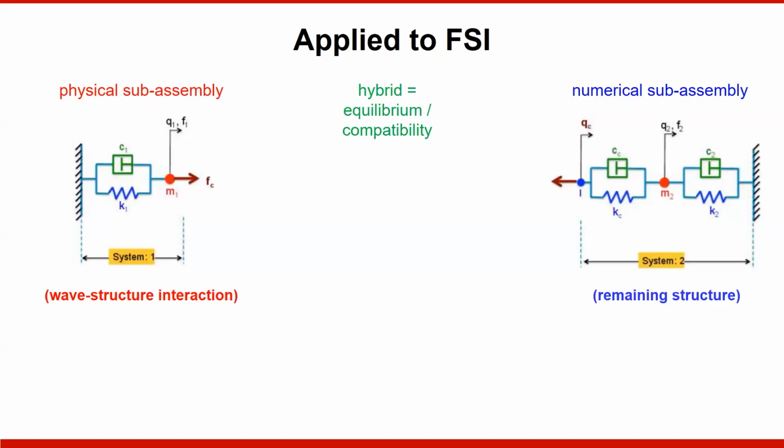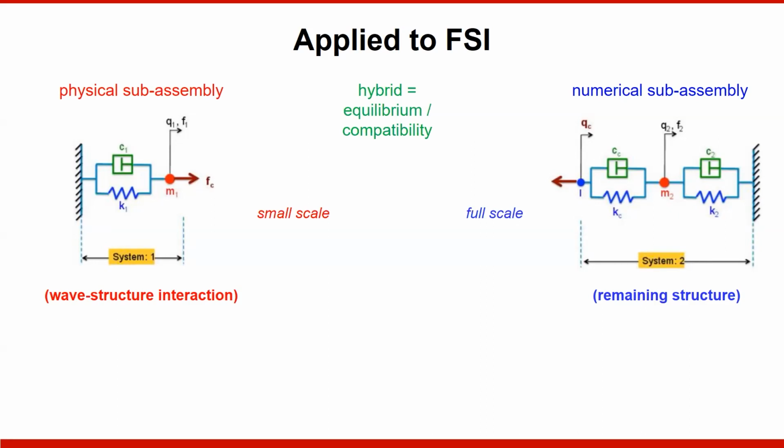The great part about this partitioning is now we can deal with this difference in scale. So we can take our physical model, which is modeling the tsunami loading on, say, a bridge pier or a bridge deck, and model that at small scale in our existing wave facilities.